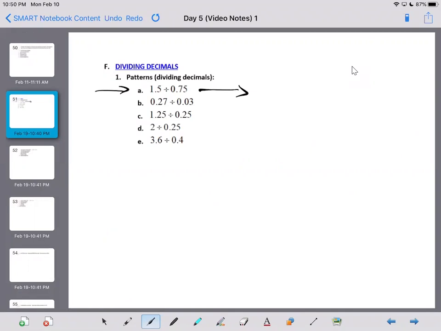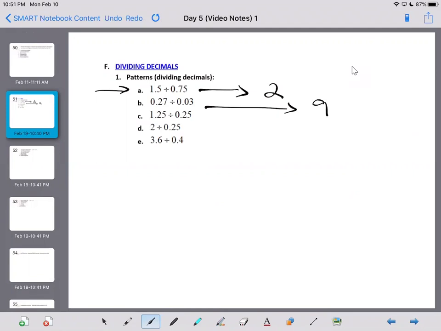And that will end up being 2 times. You can also think, well, how many 75 cents will fit into $1.50? 2 groups of 75 cents. Here you're thinking, well, how many 3 hundredths will fit into 27 hundredths? Well, it's 9 groups of 3 hundredths.